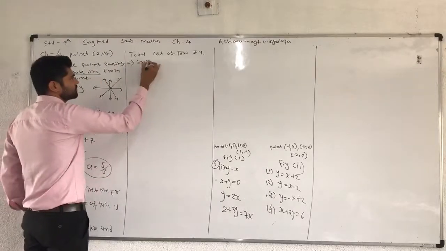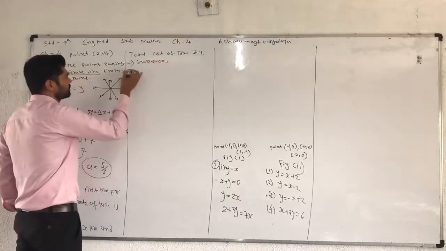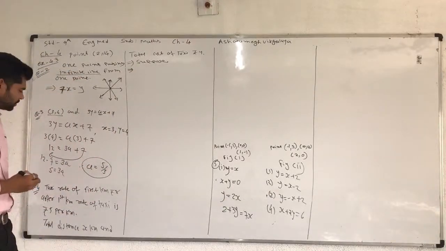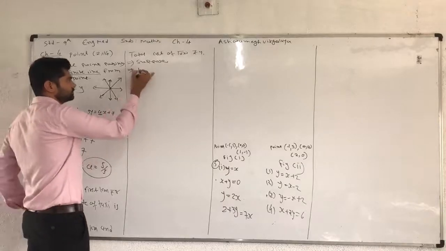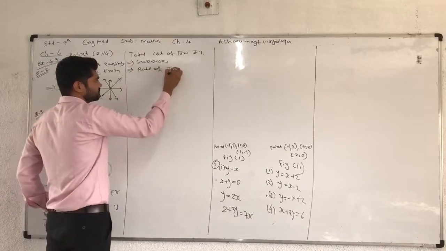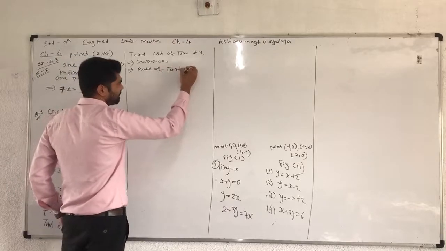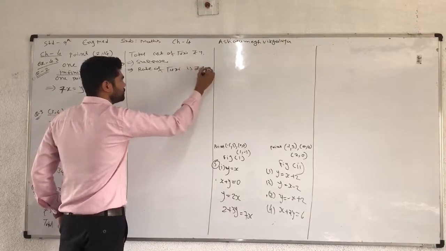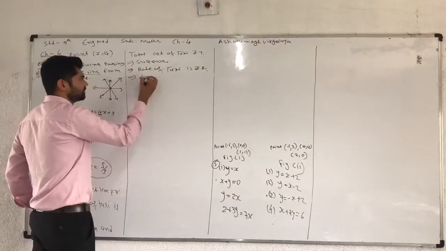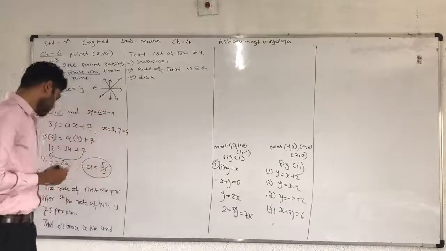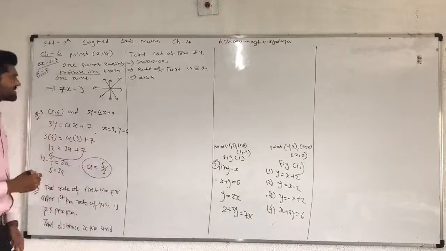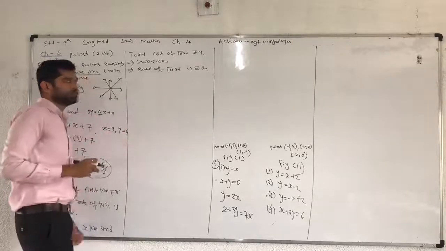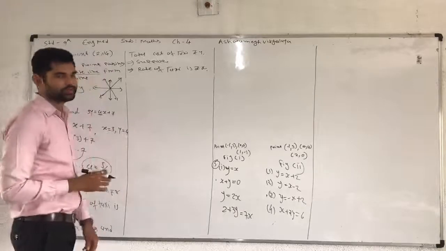So first, suppose the rate of taxi for the first kilometer is rupees 8. Here the total distance covered is equal to x kilometers, as given in the question, and the total cost is taken as y rupees.